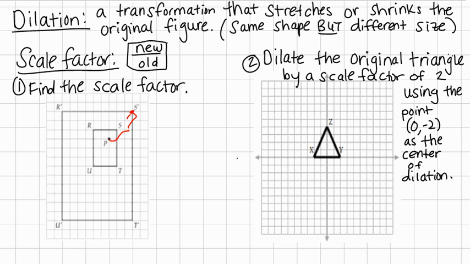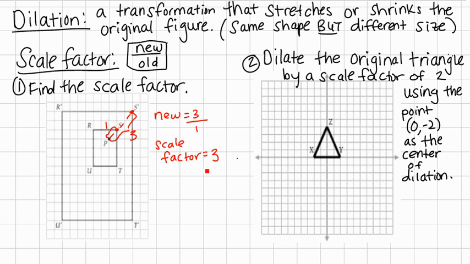So my new distance is equal to 3. And then the distance between my center of dilation P and my point S, which is right here, is 1. So my scale factor is going to be 3.